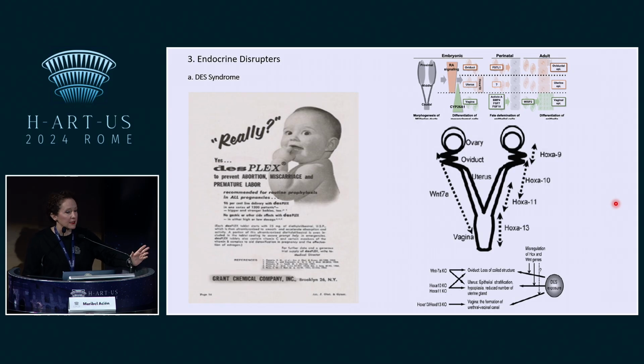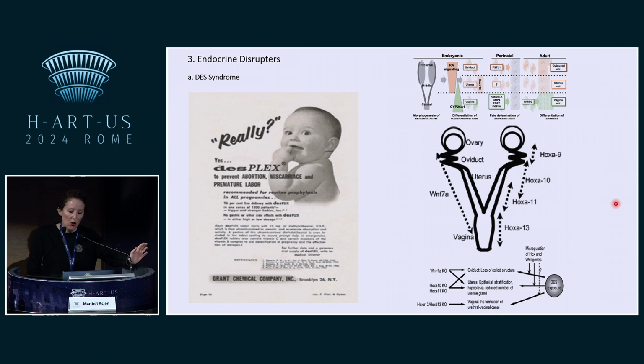The effects that this drug had in the uterovagina of their daughters were soon characterized as clear cell vaginal adenocarcinoma in young women, and, as you know, uterine forms that were defined as bulbous, hypoplastic, or T-shape.